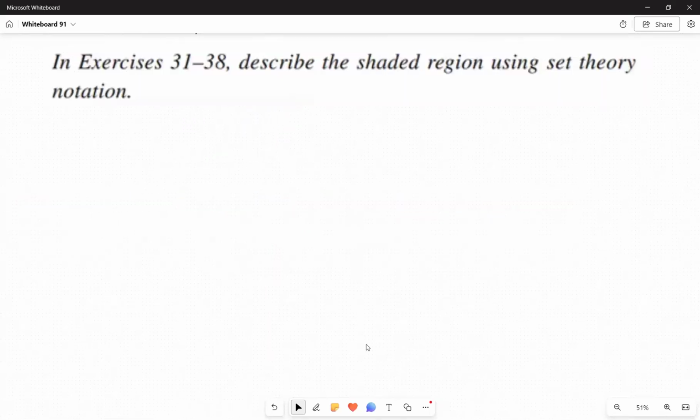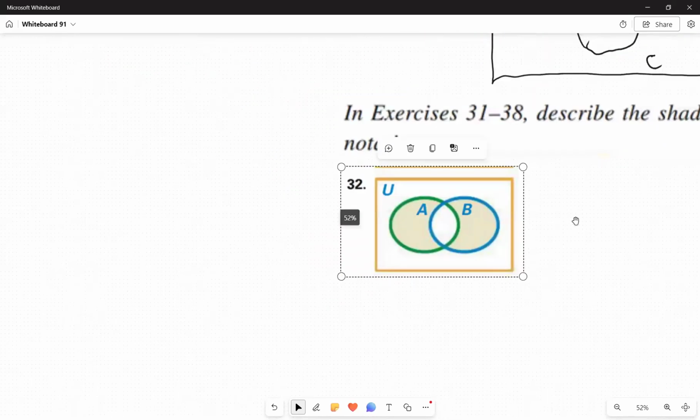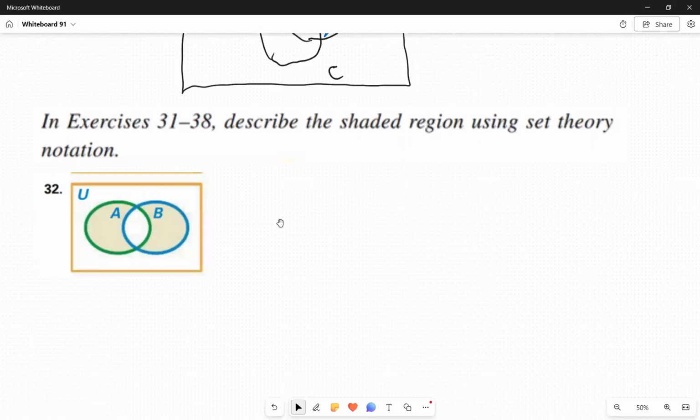The region they are giving us is this. I'm doing number 32. There are actually 2 correct answers to this. So there are 2 correct answers.